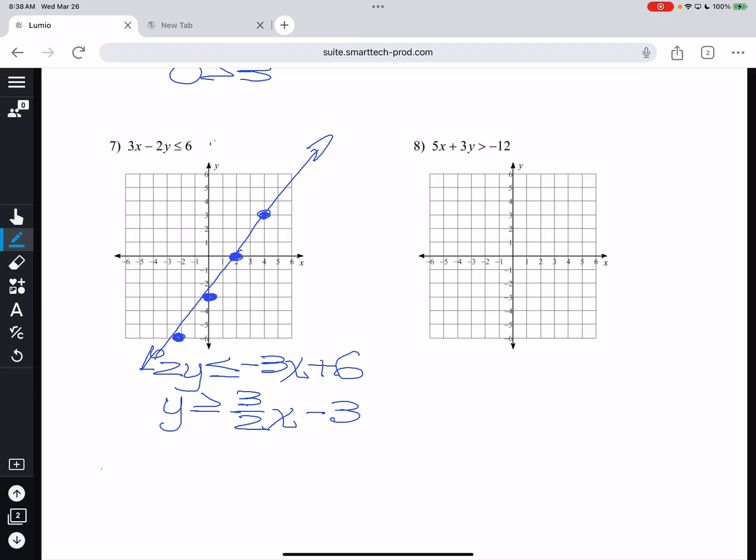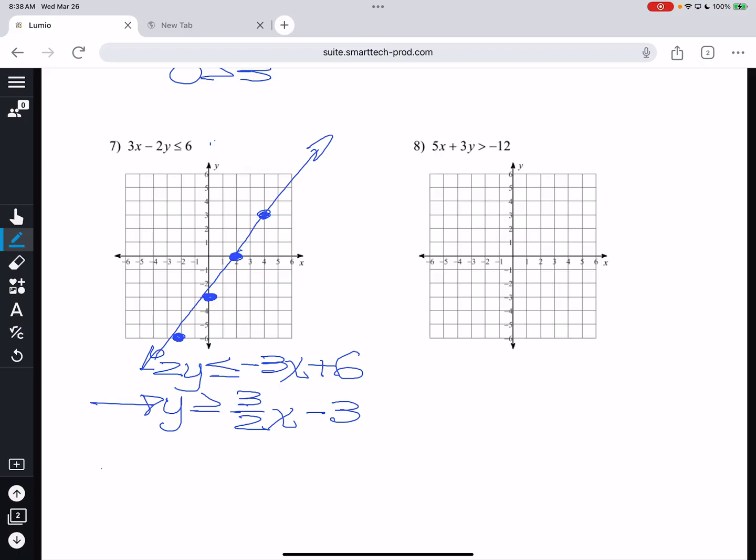When we got it to y equals mx plus b, then what is it? It's greater than. So the equation you use to shade or create your graph, that's the inequality you use for shading. Since it became greater than, we're going to treat it as a greater than.